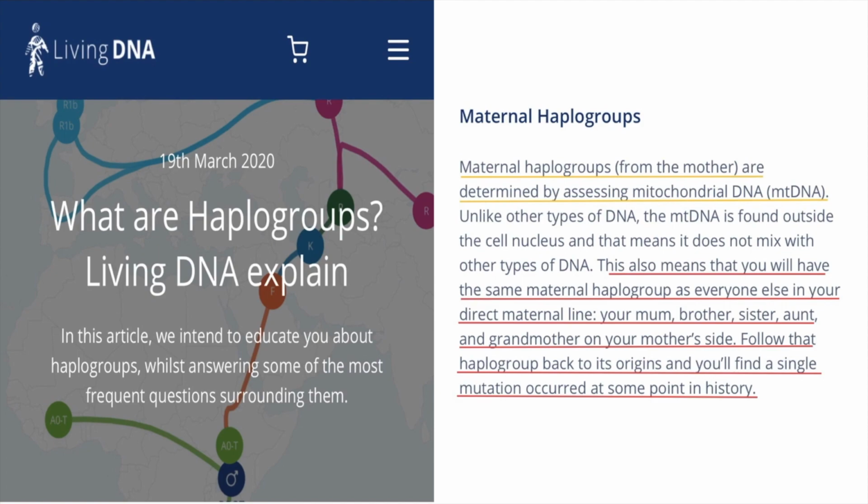Follow that haplogroup back to its origin, and you'll find a single mutation occurred at some point in history. To simplify this, a mitochondrial haplogroup is passed down from mother to daughter, mother to daughter. But the son can also have it. A man can have a maternal haplogroup as well.